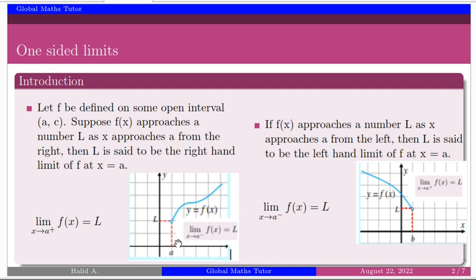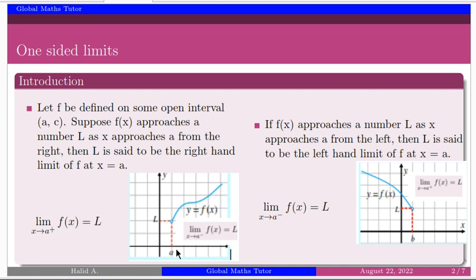It means from this side. If it is from the negative side, so from the left, we call it the left-hand limit of f at x equal to, for example here, b. If it is a, there's a. So this is what one-sided limits are.